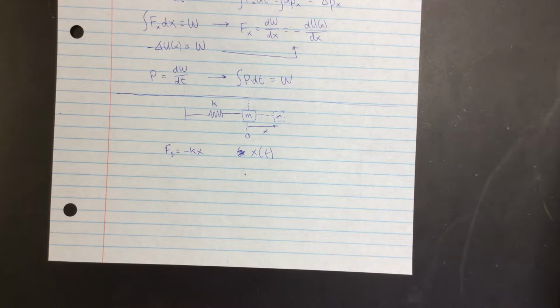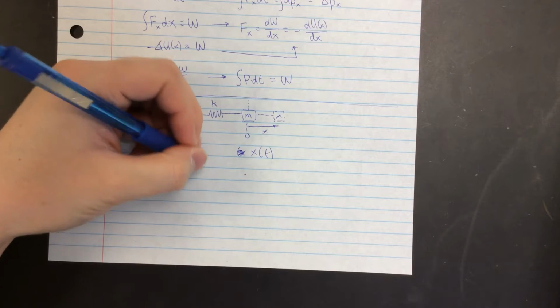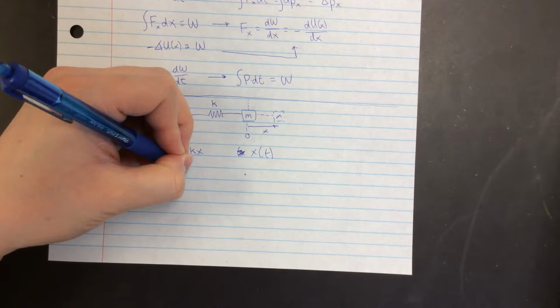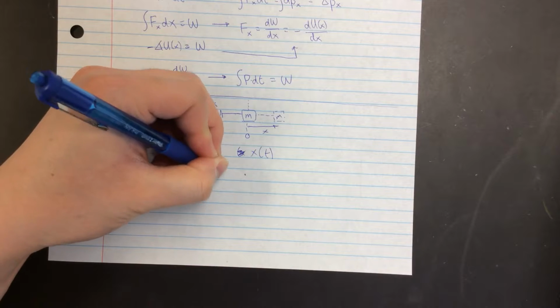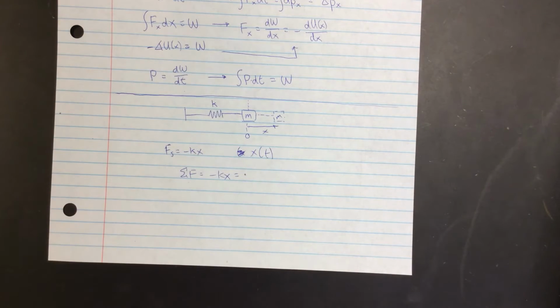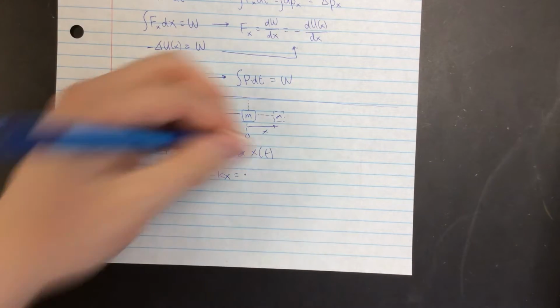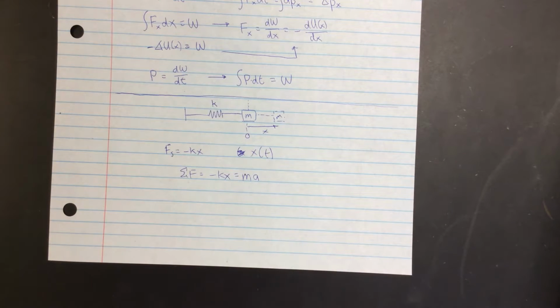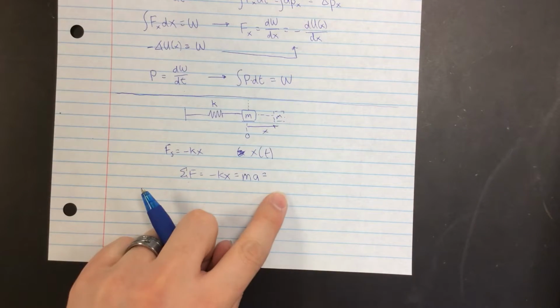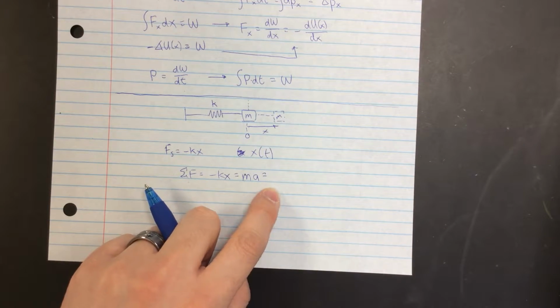Well, to solve this, we need to use Newton's law. The sum of the forces on this object is just negative kx, and that is equal to ma. I want to try and get a in terms of x.